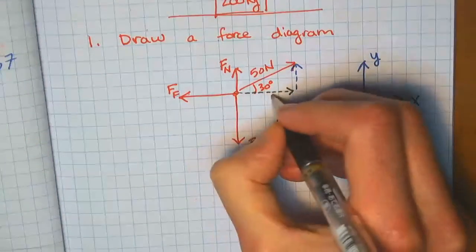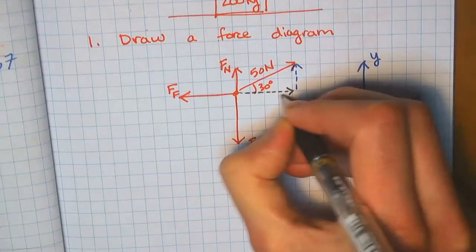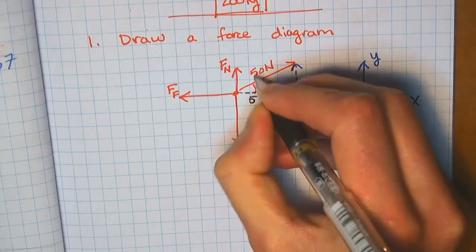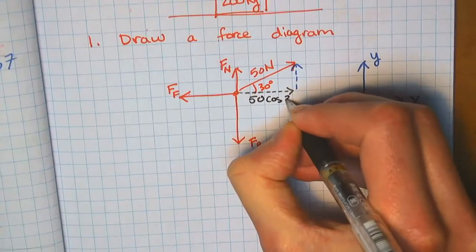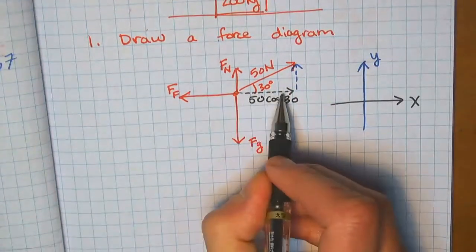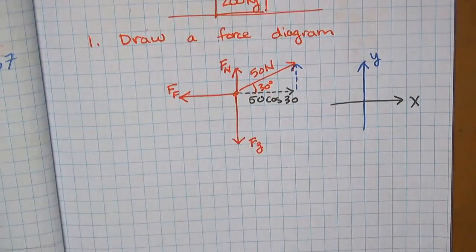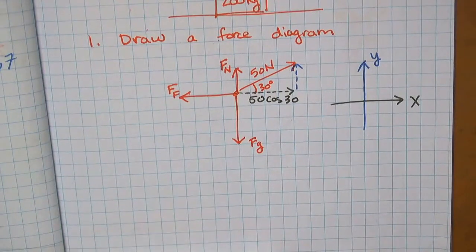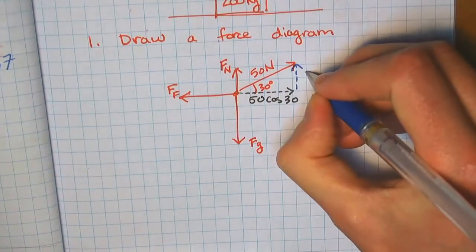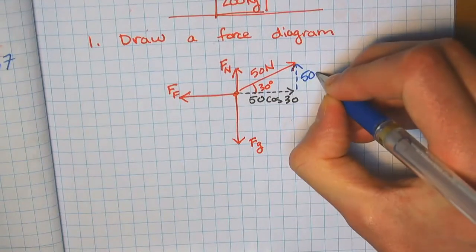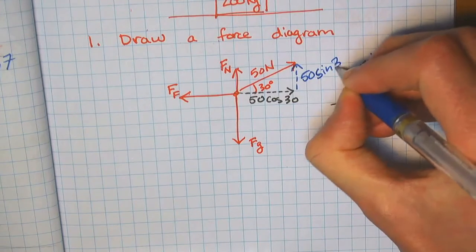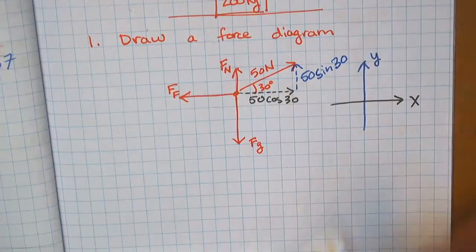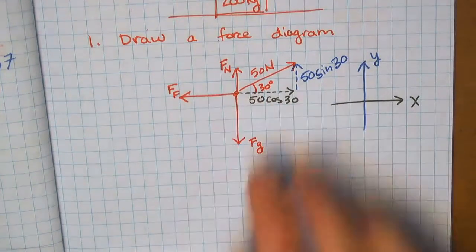So the horizontal piece is going to be 50, the hypotenuse, times cosine of 30. Cosine because it is adjacent to the 30-degree angle. And this part will be 50 sine 30 because it is opposite from the 30-degree angle.